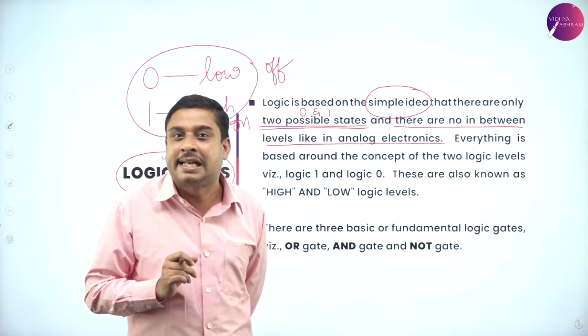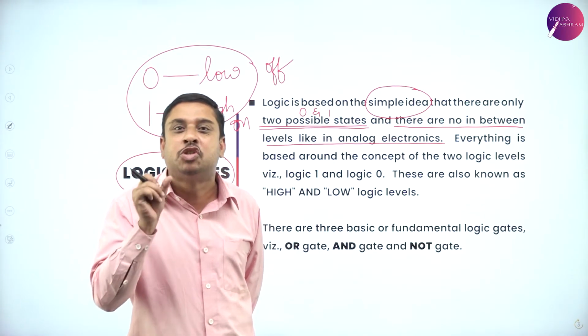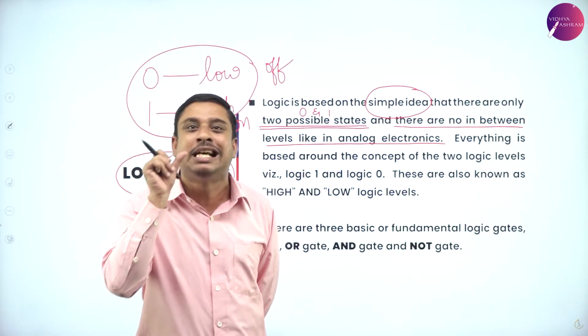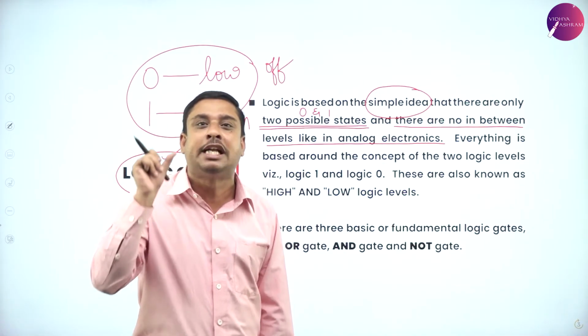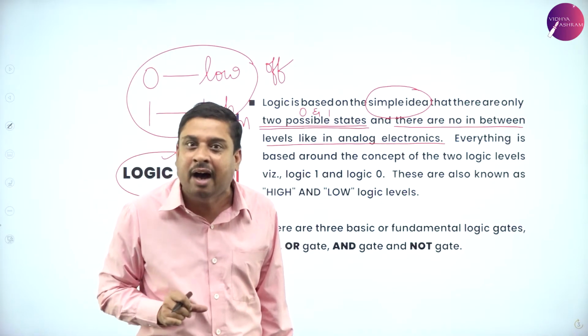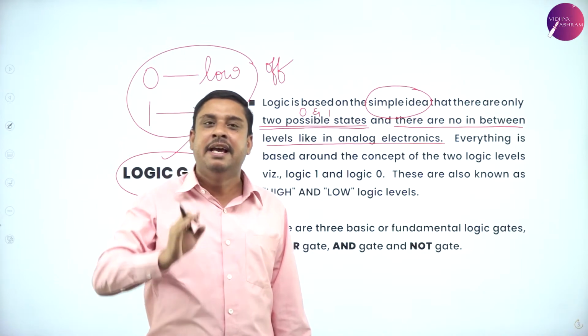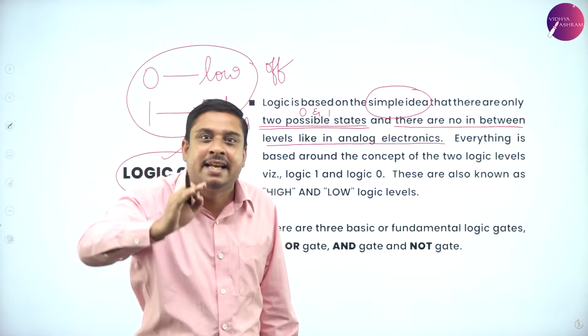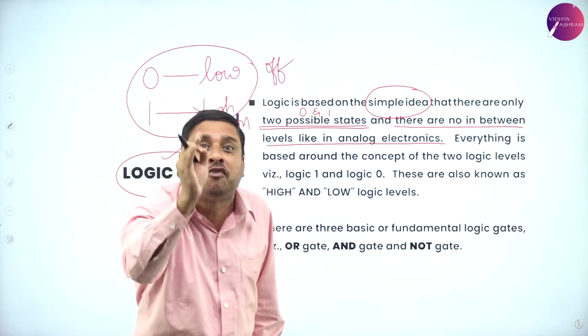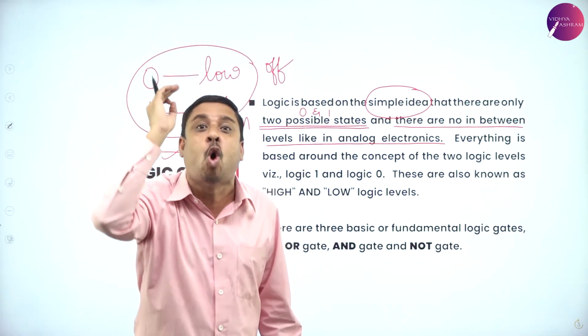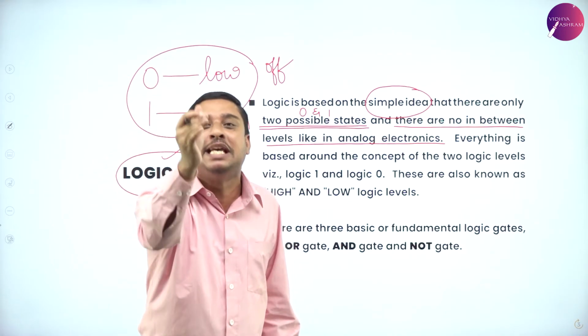Generally, in electric current, we said switch is on, switch is off, circuit is on, circuit is off. In digital electronics, if anything is in the off state, it is called to be low state or 0 state.